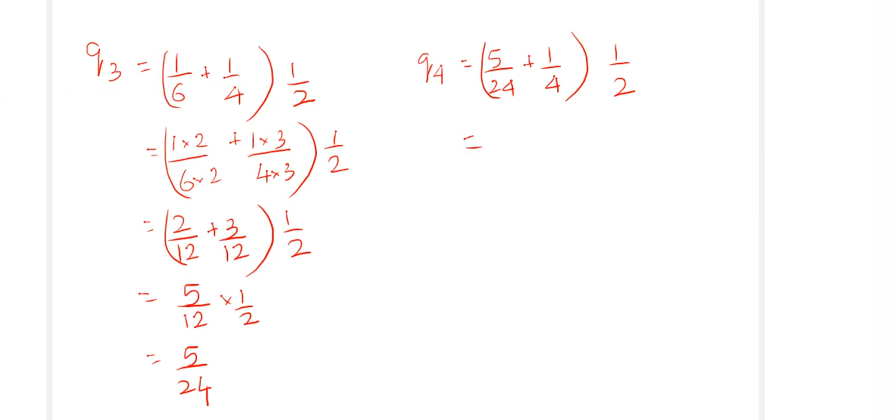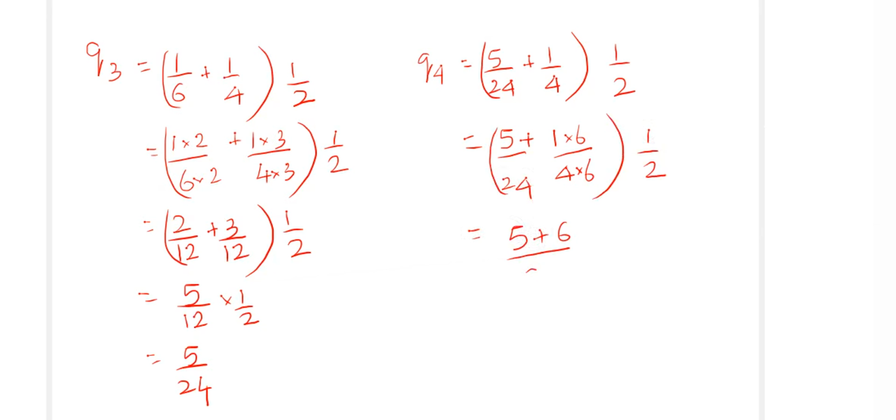Again my LCM will be 24. So 5 plus 1 into 6 by 4 into 6, into 1 by 2. That is nothing but 5 plus 6 by 24 into 1 by 2. So that's 11 by 24 into 1 by 2, which is 11 by 48.